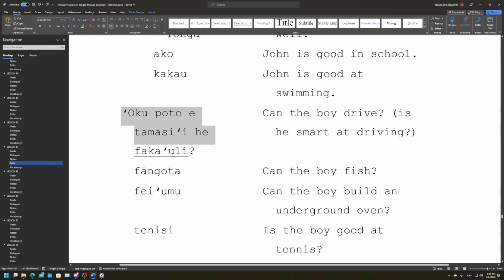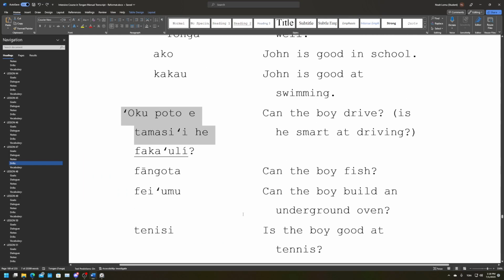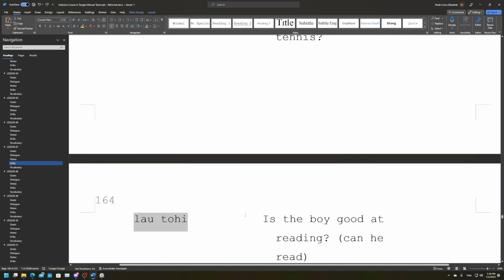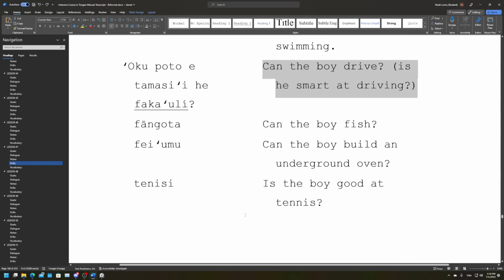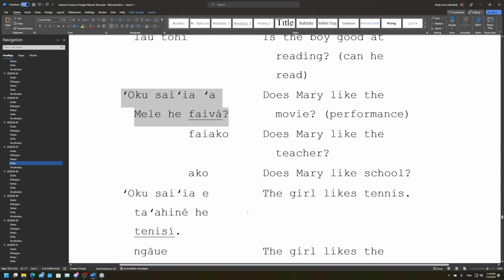Okupoto e tamashik e lau boys. La tohi. Lau toys. Right. O ka saia mele he whaiva.